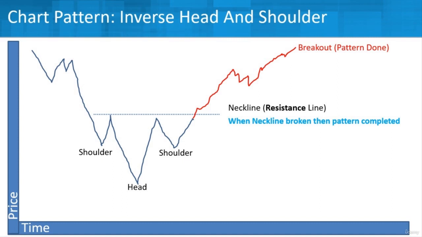And once we see that breakthrough, we're like, this is a true inverse head and shoulders, a rare pattern, but it happens. And once it breaks through, now we know we should maybe look at that. If an uptrend is fully forming, then we get in and we can now ride that uptrend going up. That's the idea of inverse head and shoulders. So you're trading the head and shoulders or inverse head and shoulders, depending on which way the reversal is going to happen, is the idea behind it.